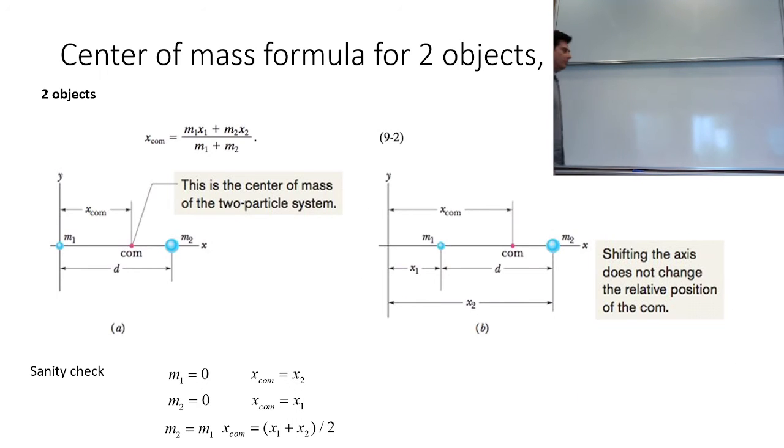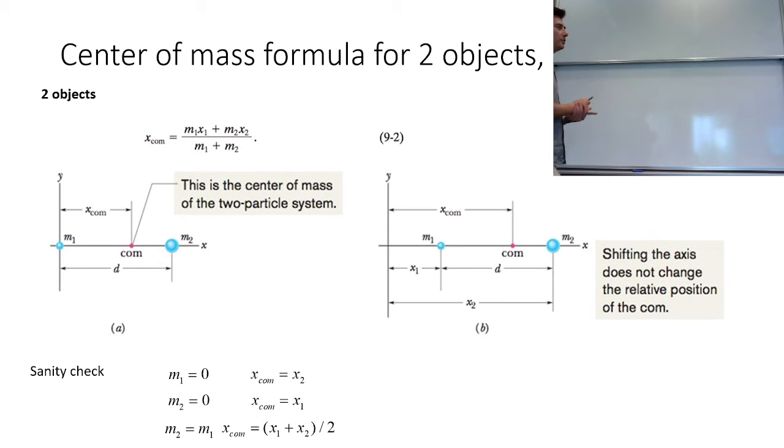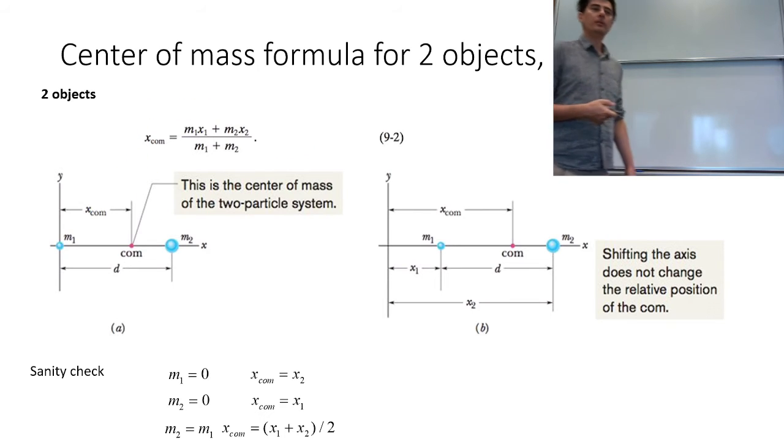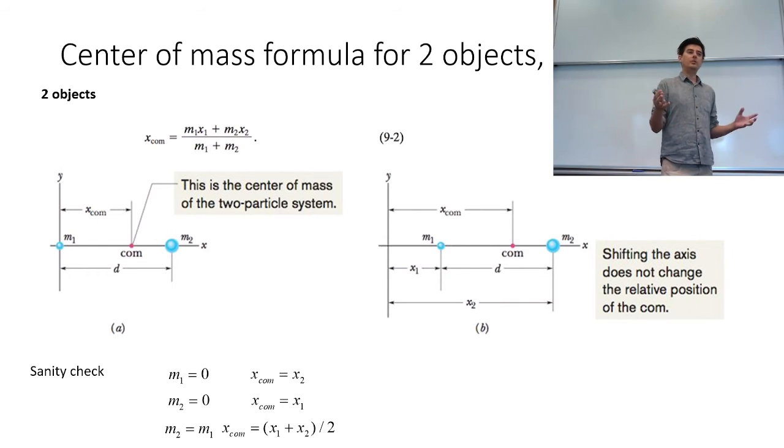Okay, so how do you work out where this special point is? This is the center of mass formula. It looks like this, and you might think, what is this formula? Why is it like this? Basically, the way to think about it is that it's the weighted average of the position.